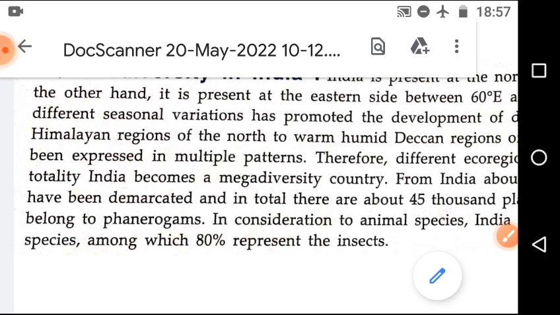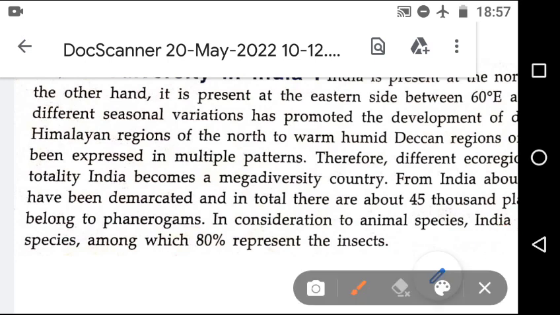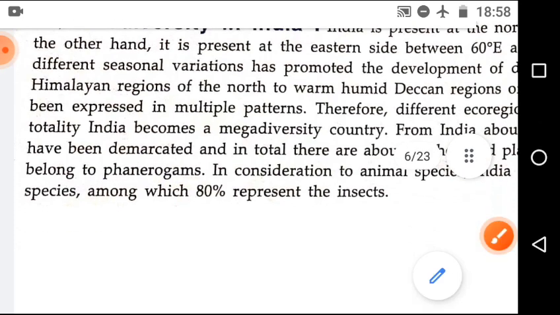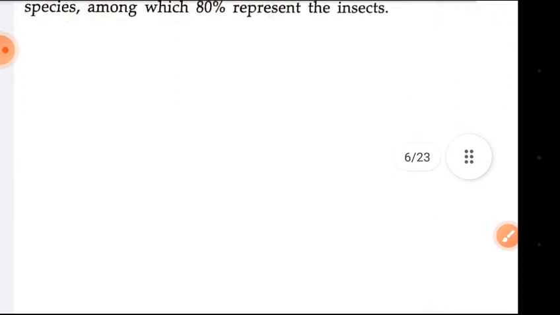If you see, plant families are of two types. One is called phanerogams, another one is called cryptogams. I am writing it. We are dividing the plant groups based on how they reproduce young ones.